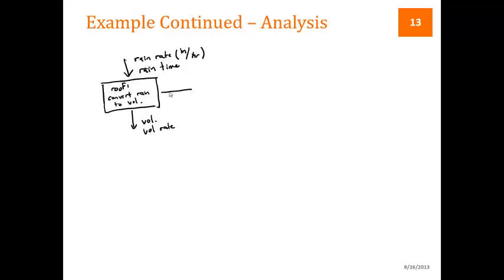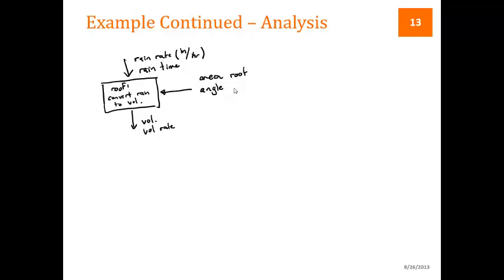What are our controls for the roof? Well, the area of the roof would be a control. It's something we can design now, but once we've decided that the roof is going to be a square meter, we can't change that, right? So we have the area of the roof, maybe the angle of the roof.